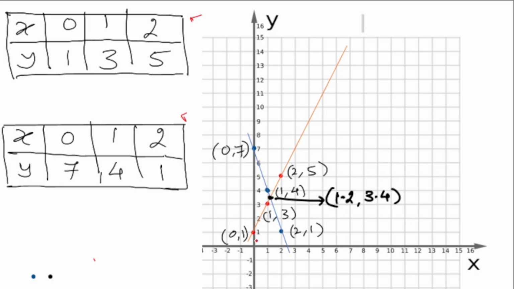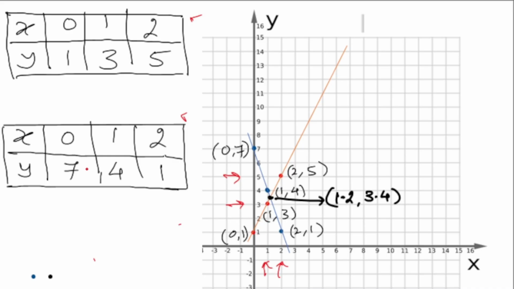So (0, 1) is this point and (1, 3) is this point. This is 3, this is 1. So this is (2, 5). This is 5 and this is 2. So this is (2, 5), and this is (1, 3), and this is (0, 1).